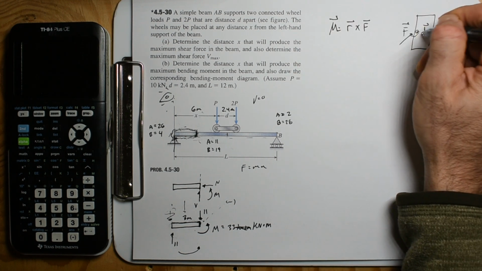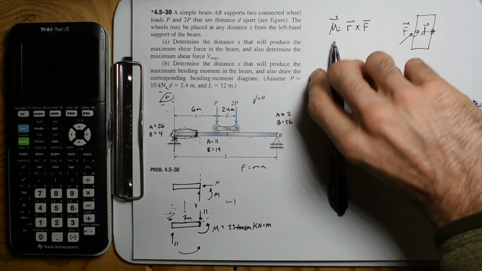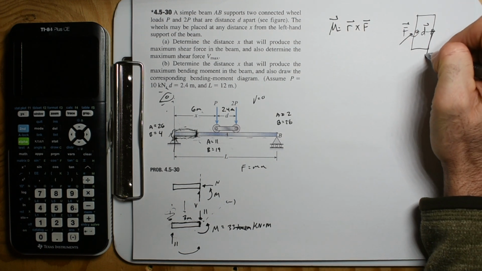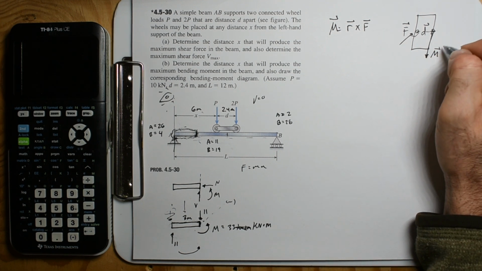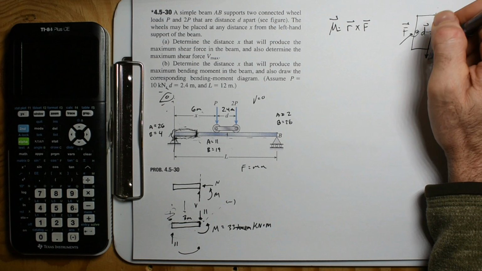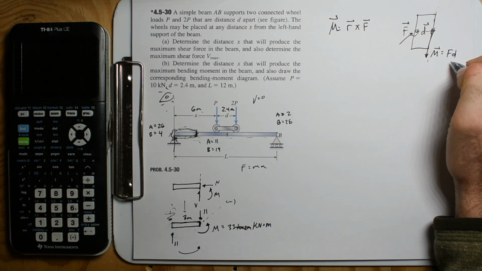If this is a perpendicular angle, you get to multiply both numbers. And the moment is a vector this way. So that's the moment vector, and that's the direction of it. It acts through the hinges, and it has a magnitude of F times D. Cool.